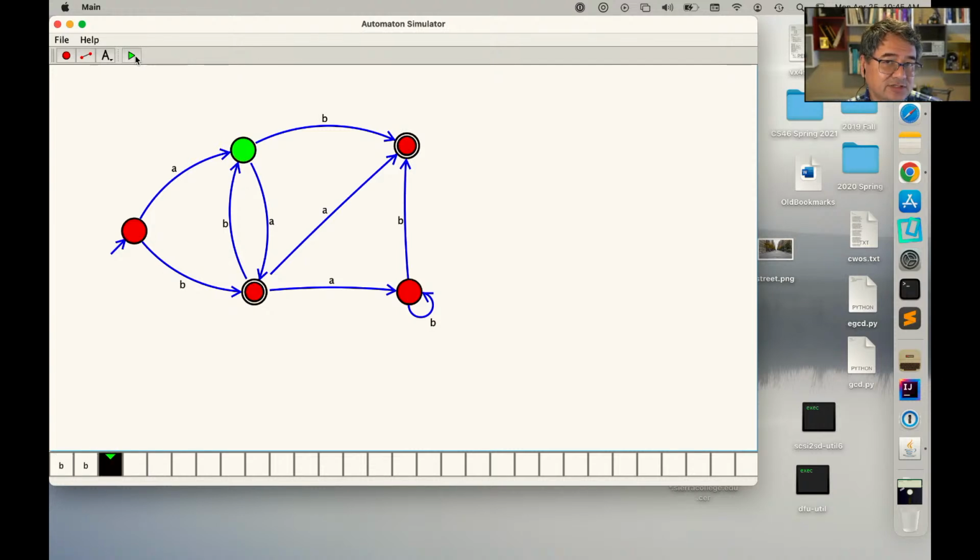But just 2 B's does not work. How about B, A? That does work. B, A, A works as well. B, A, B. That works. A, B. That works.